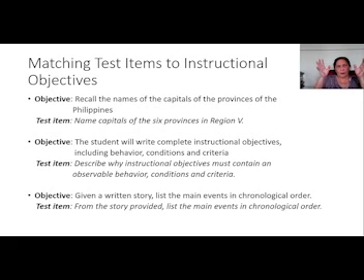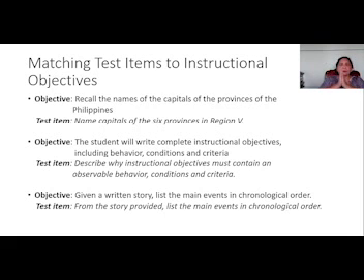How would you know that the student is able to do that? So the test item would be something like name capitals of the 6 provinces in Region 5. Is that aligned with the objective? Of course it is. So pasado, yan.